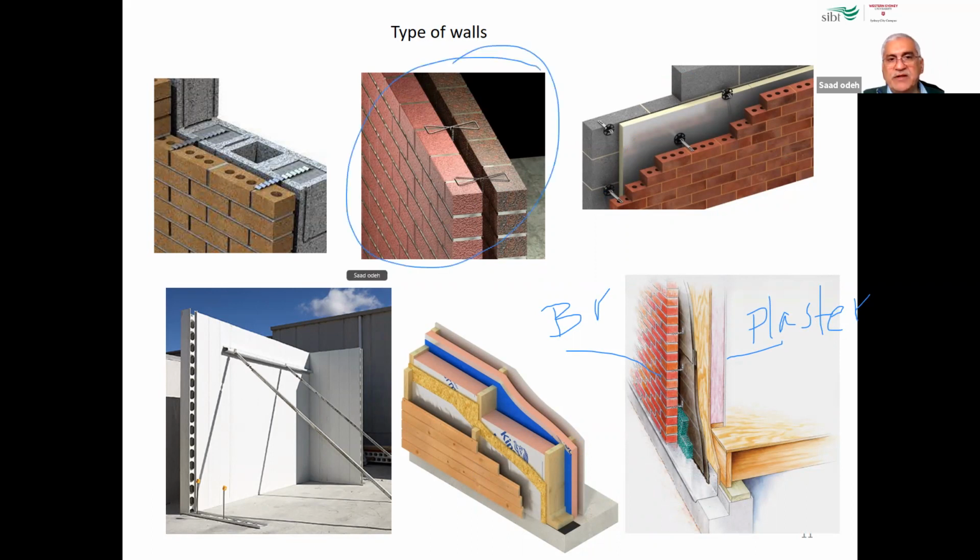So they use either double brick or they use brick veneer. If you want to make the construction light, the weight of the construction light, they do it brick veneer. It's easier, cheaper in building, and also lightweight. Okay. Any question?